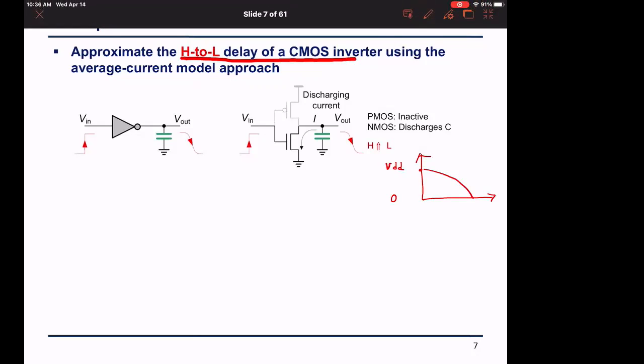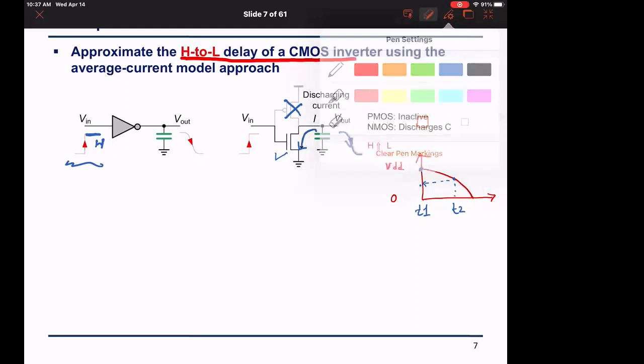So the 2 points that I am interested in are this point T1 and this point here T2, and this point is the 50% point of the output. Now, if the output is going from high to low, this means that the inverter was subjected to an input pulse that switched high, and this is going to result in the PMOS being off and the NMOS being on, and the NMOS discharging the output so that the output will go from high to low.